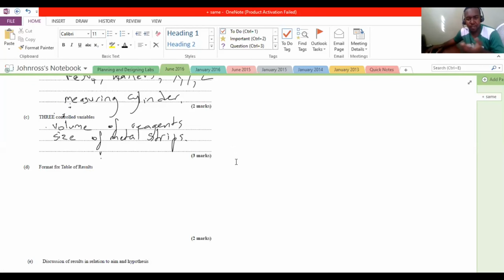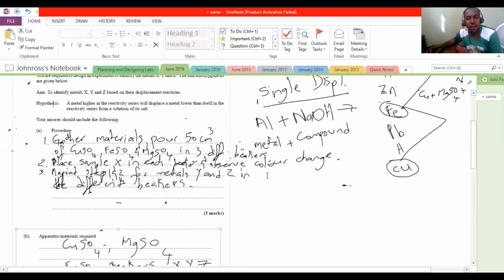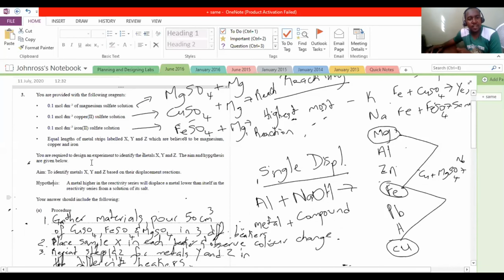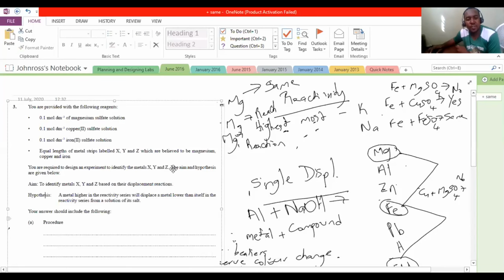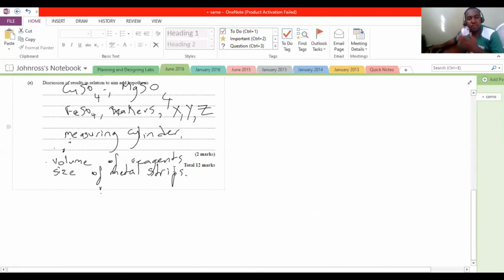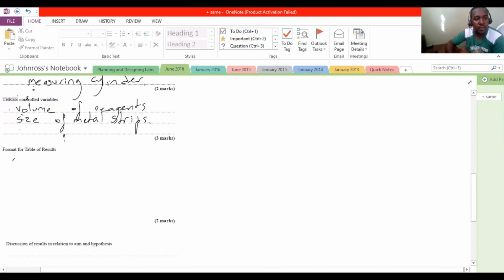But because we didn't mention temperature in our experiment, the other one that's key is the one given in your problem. It gives you the concentration of your reagents. So we're keeping the volume of your reagents constant, but the last one here is the concentration of your reagents.